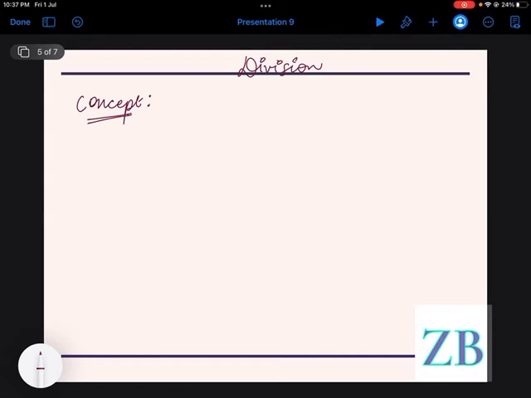Okay, let's suppose that you have got 15 candies, and you have to distribute them among 5 people, let's say. So 5 people.